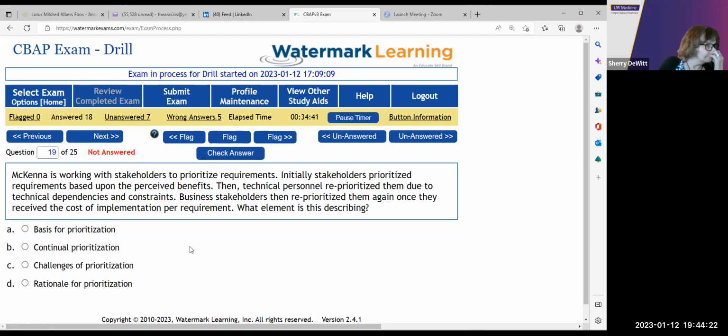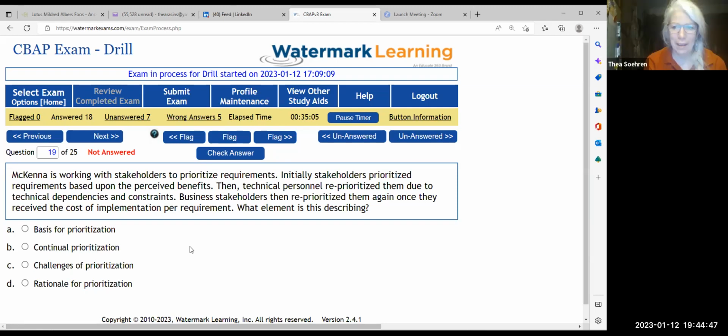Okay, you're laughing. Please tell us why. Well, it's all rationalization. If you did not read the book, it's easy to make a mistake. But since you did read the book, I know the answer. So they list a basis for prioritization.